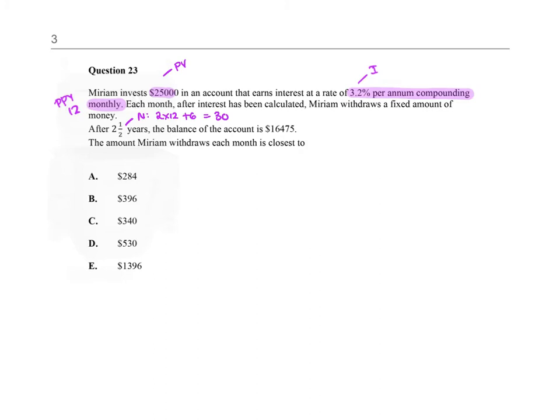The balance of the account is this. So we know that this is FV at that time, okay? The amount that Miriam withdraws each month, so payment, has become the question. So if we go and do finance solver, we know N is 30, I is 3.2, PV is negative 25,000. Remember that she invested. The payment, that's the question.